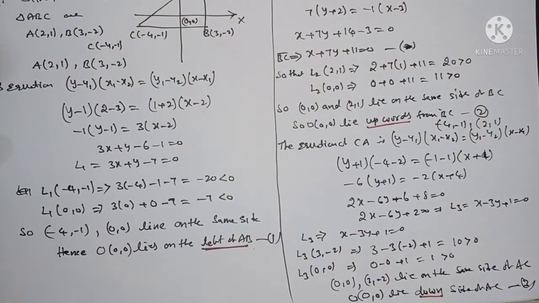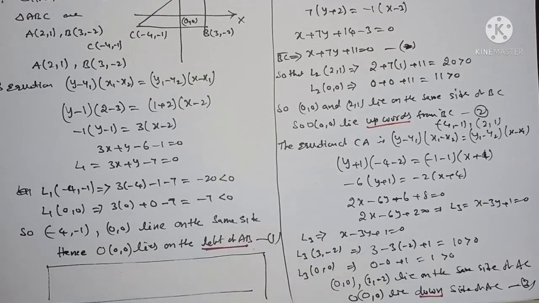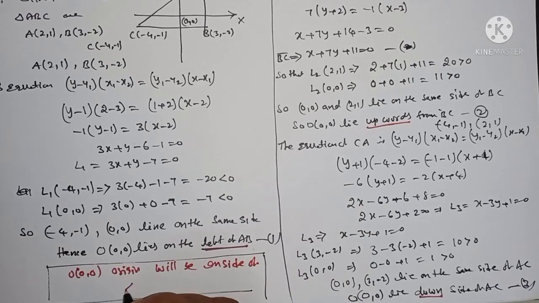I can write here in a box: 0 comma 0, the origin, will be inside the triangle ABC.